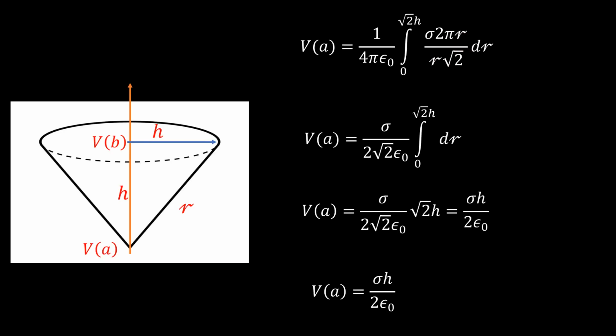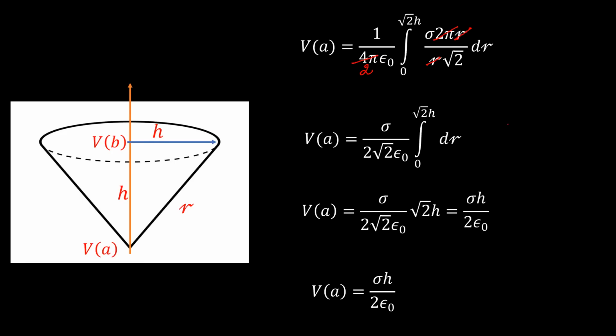Now we can cancel some of the things. You can cancel this 2 pi and this 4 pi, which will become 2. Then you can cancel this script r and this script r. So now you take the constant outside. The constant here is sigma, over 2 times square root 2 multiplied by epsilon naught, and this integral simply will become d script r. If you integrate, you will get script r.